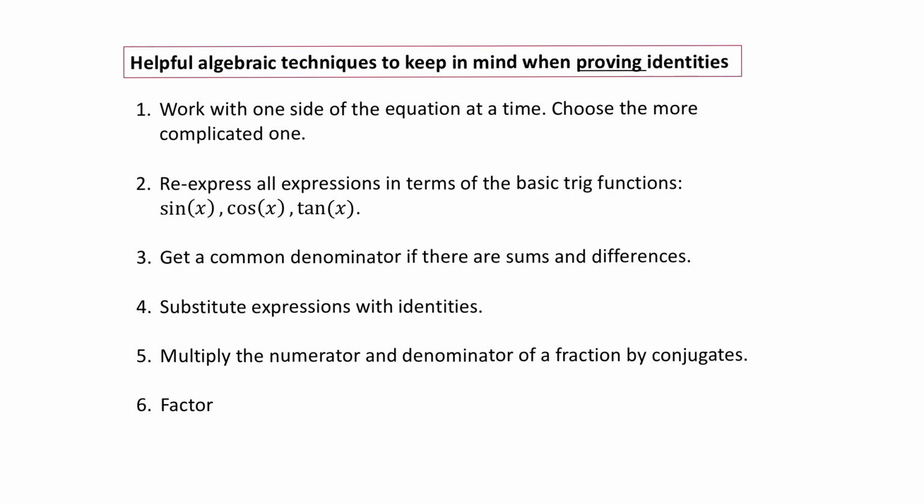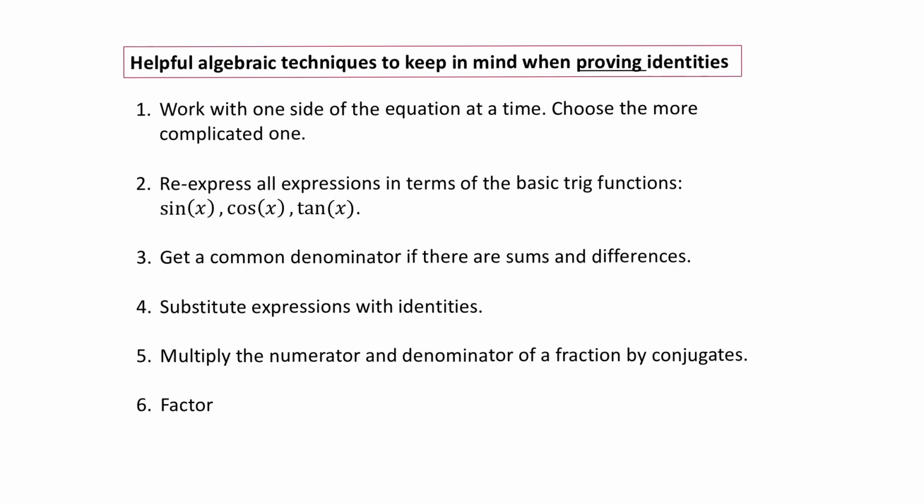Number three says that if you have fractions and you are adding or subtracting, consider getting a common denominator. Number four says, well, if you can use identities to substitute some expressions, then do that. Take advantage of your identities to simplify. And I'm going to show you in the examples exactly what I have in mind there.